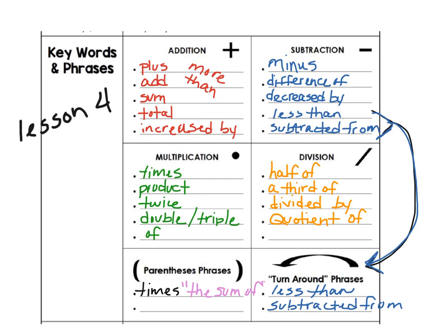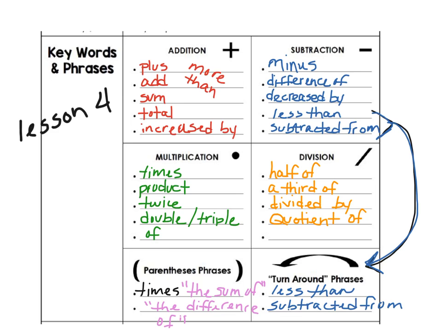Whatever words come after the sum of, those will go inside a parenthesis. Okay? The other way that you will see it will be times the difference of. The difference of, and those will go into parentheses. Those become really important because we'll have to do the distributive property in order to solve what that is.